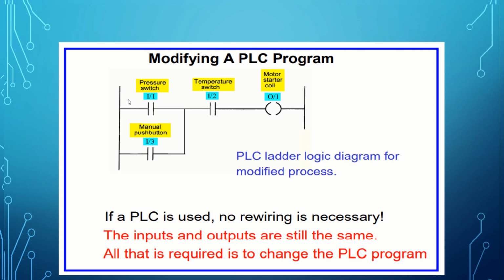Before, we have the pressure switch and the temperature switch in series and connected to a manual push button here. But now, since we modify the process, we only parallel the contacts of the pressure switch and the manual push button, and both of them are in series connected to the temperature switch as precondition to start the motor starter coil and energize.